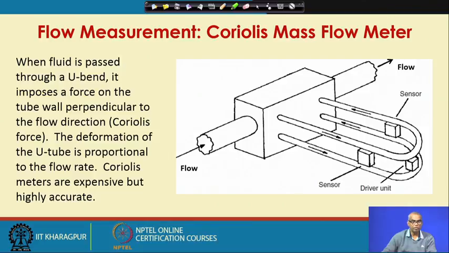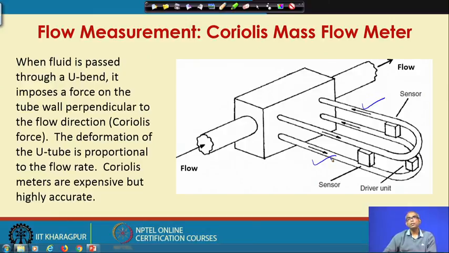So, when fluid is passed through a U tube or U bend, so you have one U bend, I have another U bend. This is a design where two U bends have been used. There are designs of Coriolis mass flow meter which use a single U bend.